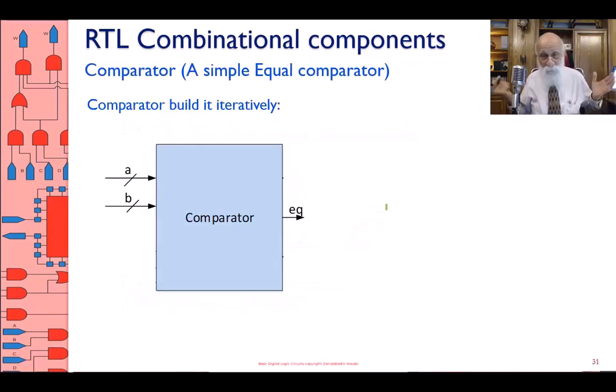What I want to build first is a simple comparator that only has an equal output. Now, the number of bits of A and B, what are they? Let's say A is 8-bit, B is 8-bit, and obviously equal is 1 bit. That becomes 1 when A and B are equal.